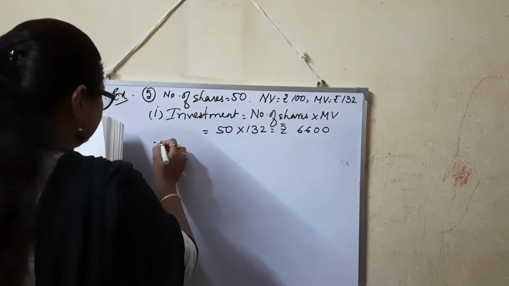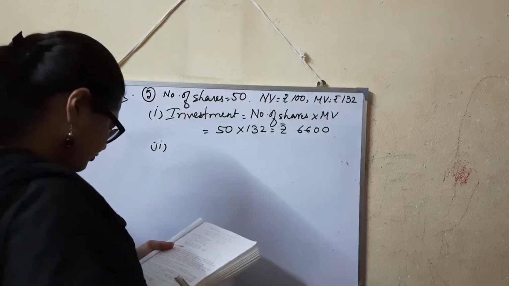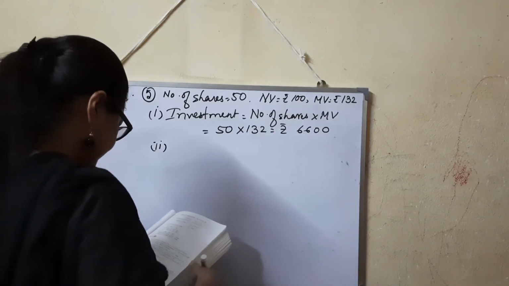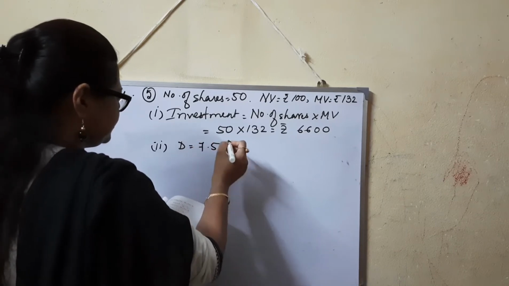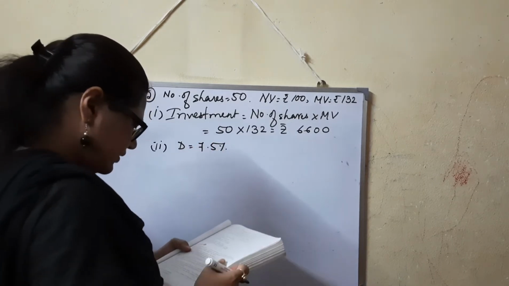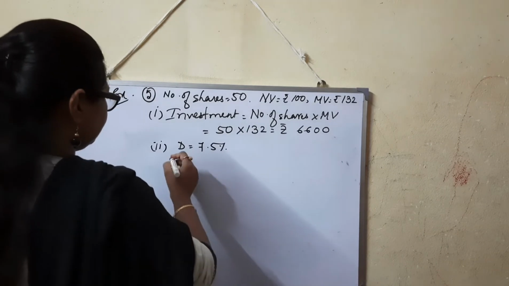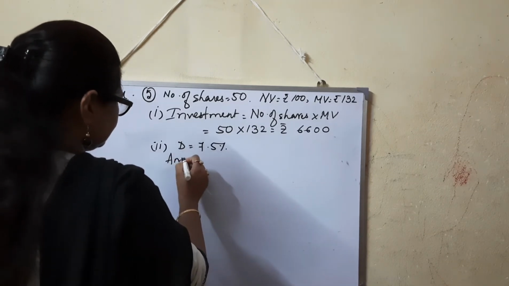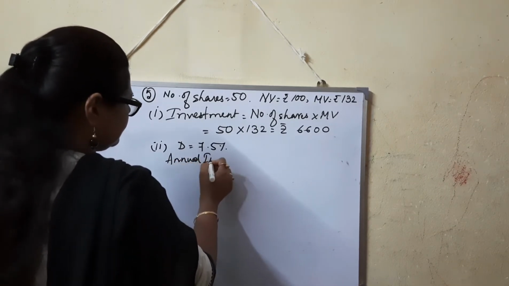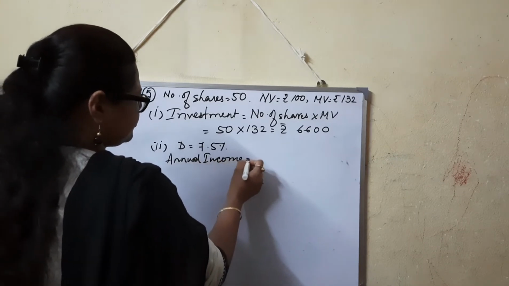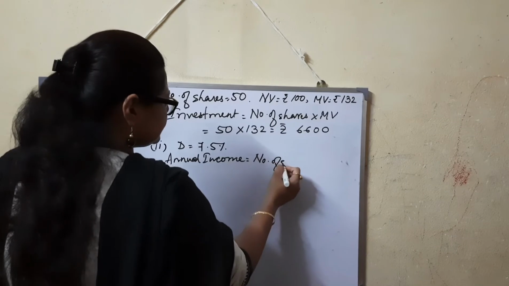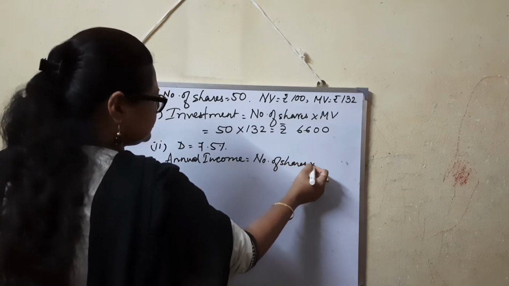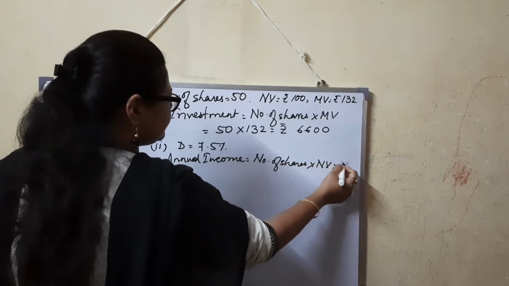Next thing, they have told you to find, if the dividend percent is 7.5% per year, what will be his annual income? I have shown this formula to you. Number of shares into nominal value into dividend percent.